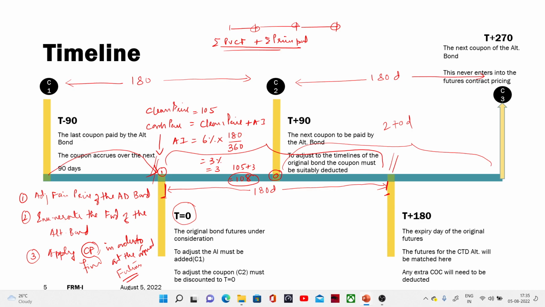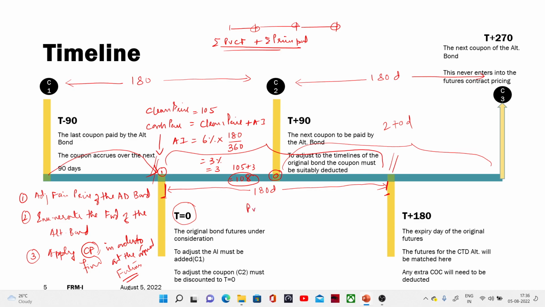How do we do that? Just as we do in the case of a coupon-paying bond, we will discount it by deducting the present value of the cash flow on the t equal to 0th day.